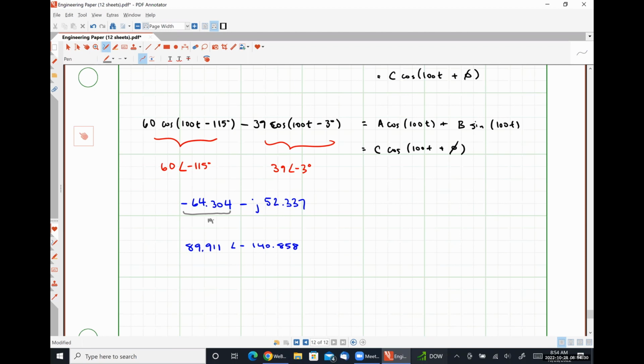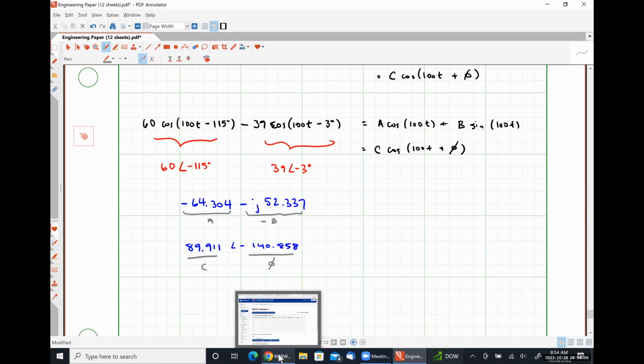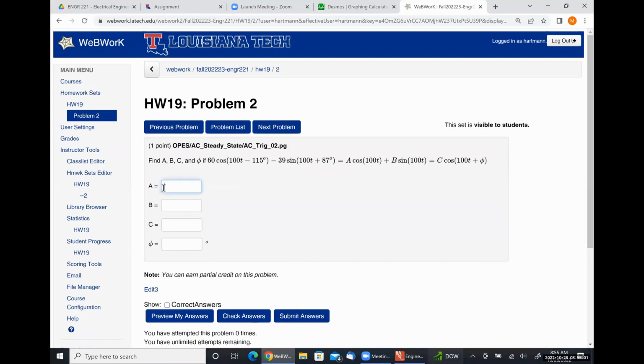This is A. This bit right here, if we throw away the j, is negative B. This bit right here is C. This bit right here is phi. No trig identities needed. Let's prove it. Let's throw it in there into web work. So negative 64.304.